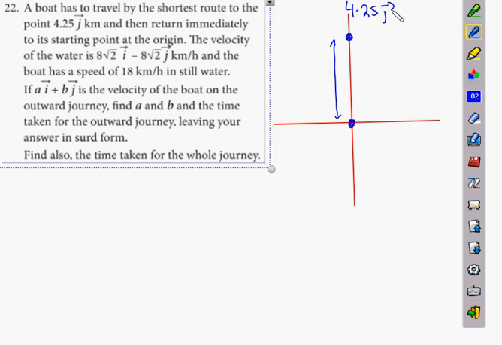Now, problem here being is that you're encountering a river or a current. This current is going diagonal right down. It's going in this direction at 8√2 i to the right, and 8√2 down.